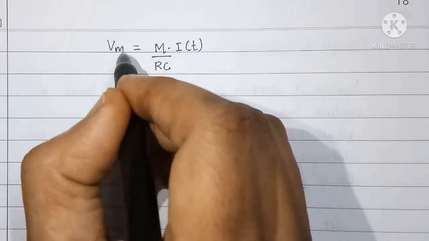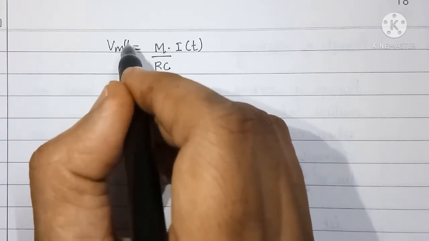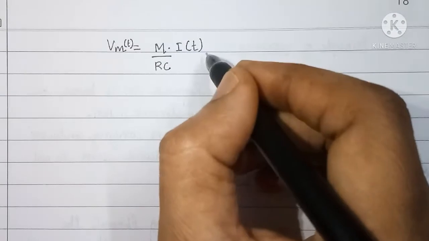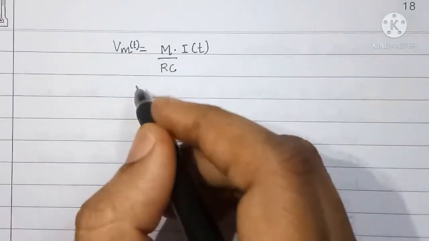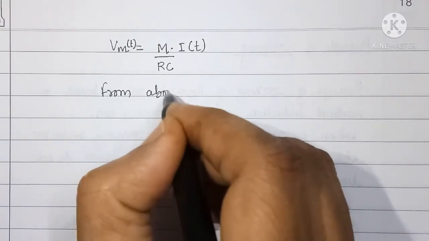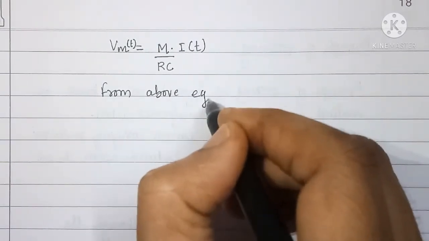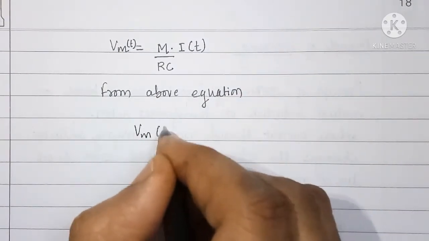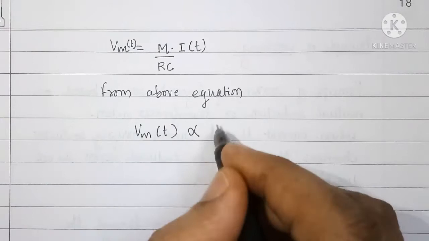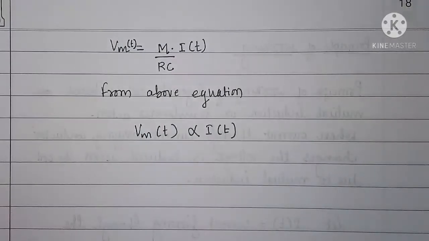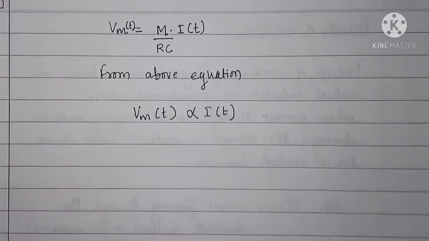This is measured voltage Vm of t. So from above equation we can see that measured voltage Vm of t is directly proportional to the impulse current under measurement, that is I of t.